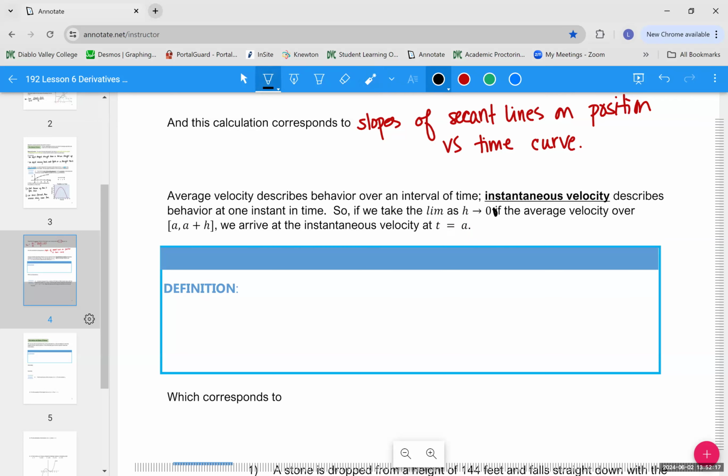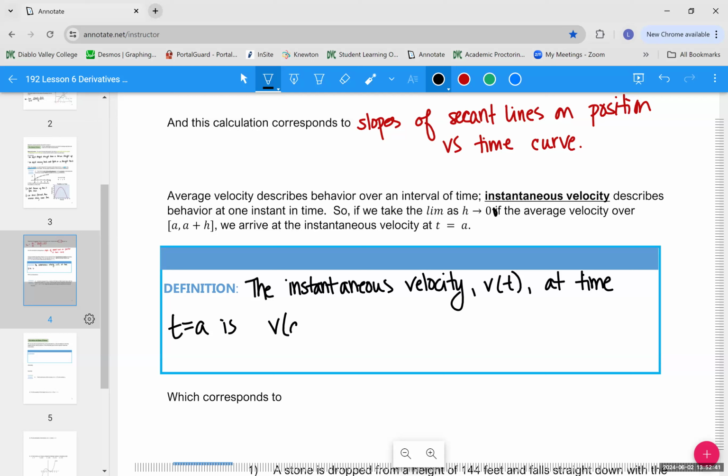So that is our definition. The instantaneous velocity, which we will just call v of t, at time t equals a, is velocity at the moment a.